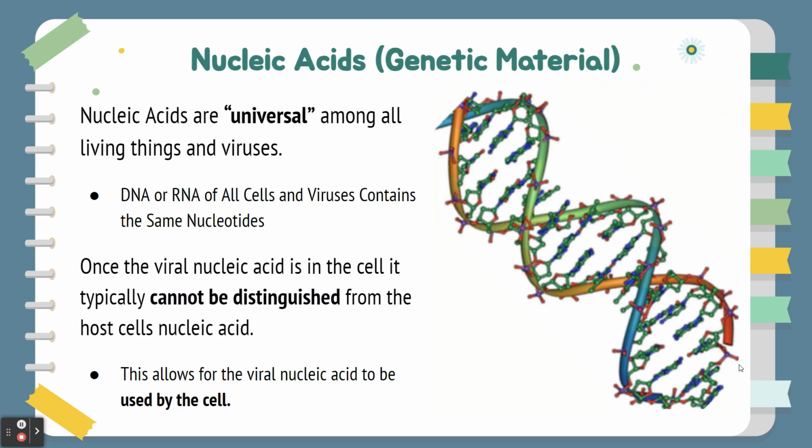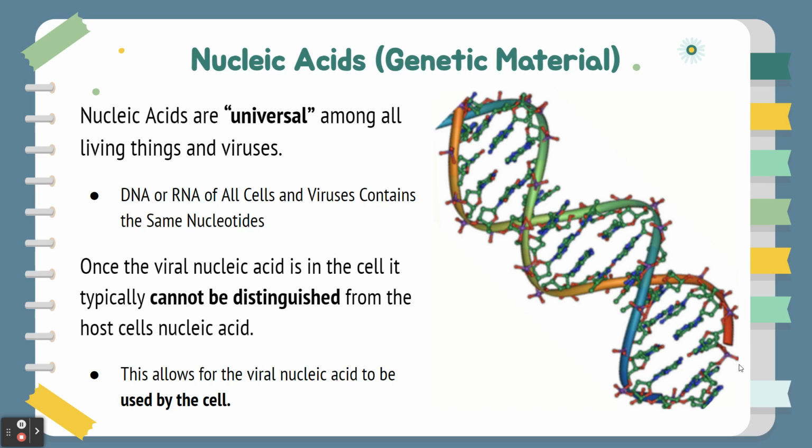Remember from our last unit, nucleic acids, our DNA and RNA, serve as the molecular basis of genetic information for all living organisms. This means that the sequences of nucleotide bases that make up DNA and RNA are used to store and transmit genetic information similarly, regardless of what organism they're from. When a virus infects a host cell, it introduces its own viral nucleic acid into the host's cellular environment.